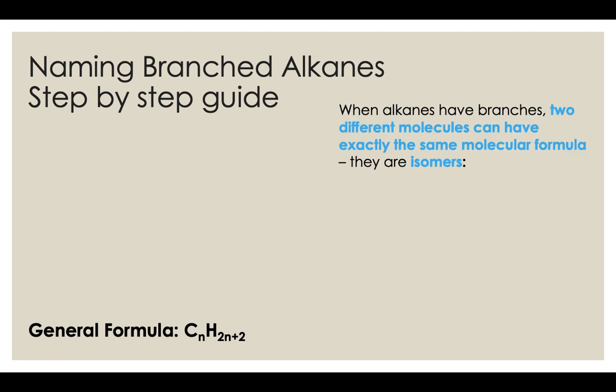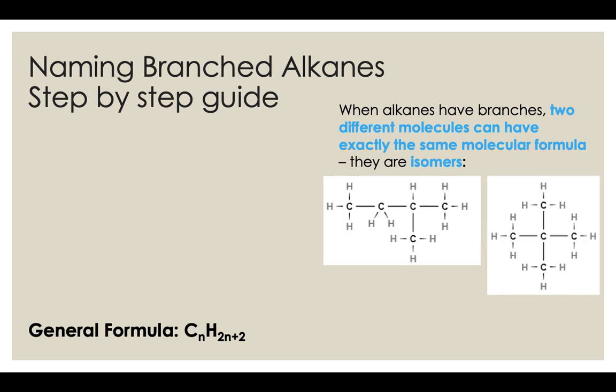Sometimes alkanes can have branches. And in that case, 2 different molecules can have exactly the same molecular formula, but they are actually 2 different molecules because they have 2 different structures. Those molecules, we call them isomers. So alkane isomers could represent themselves in this way.